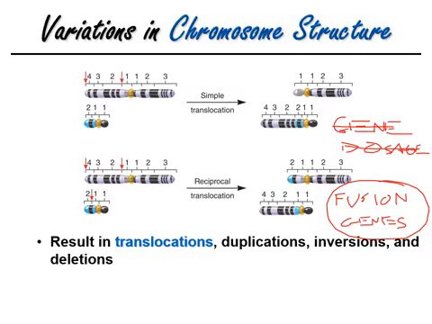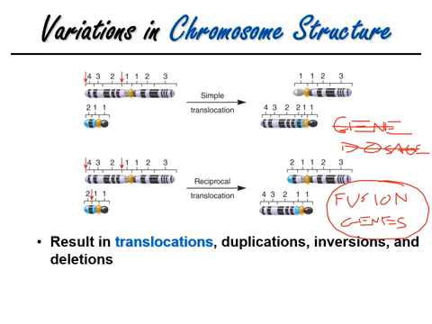So fusion genes are when, imagine that you had a gene that started here and was going, and then we swap in a different part. So it started here and then it was going, but now it is down here, right? So it's way over here.